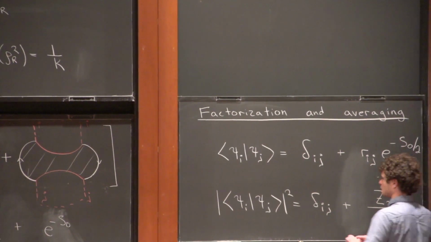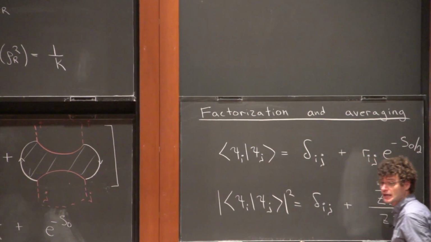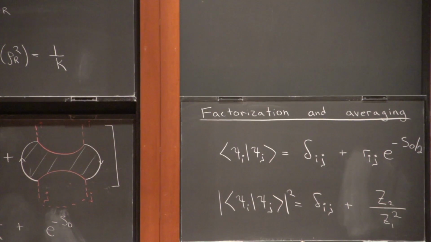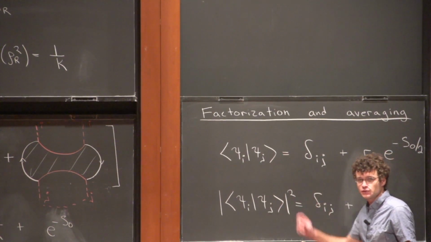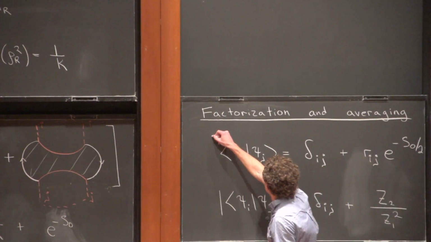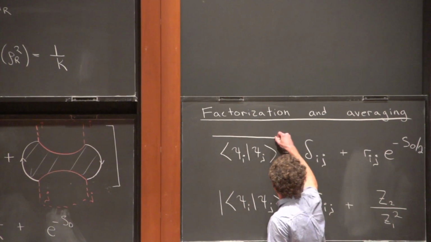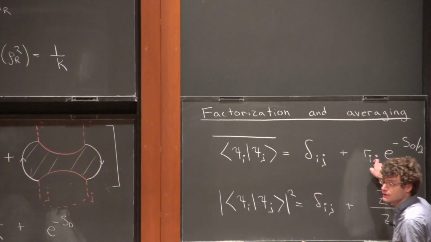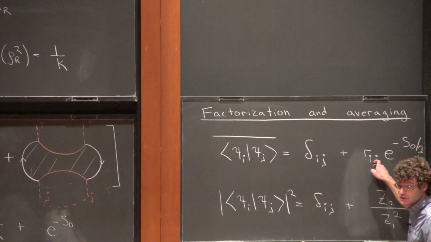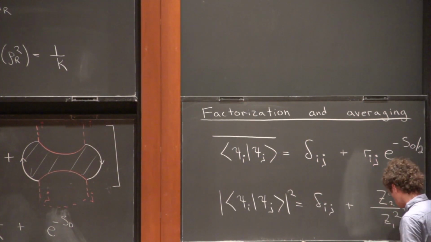Let's imagine that this was actually the answer for psi_i, psi_j, and that what the gravity theory was computing was not literally this amplitude, but instead an ensemble average, where you average over these quantities R_ij in some ensemble with mean 0.